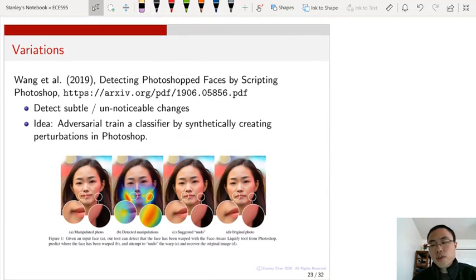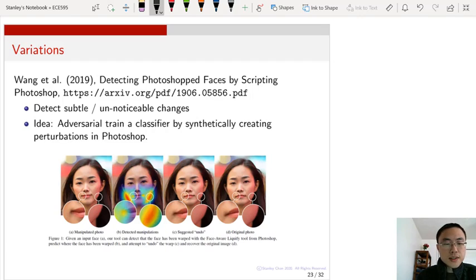You can do something beyond adversarial attacks, and there are lots of follow-up papers on this adversarial training procedure. This is one of the more recent papers. It was published by Wen et al. in 2019. This is a Photoshop face detection method.